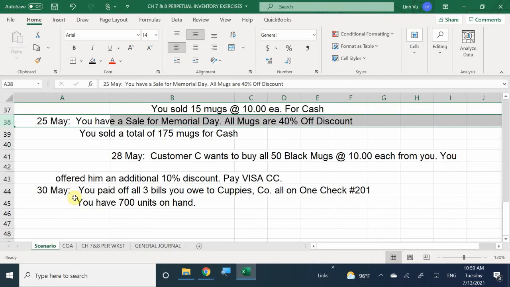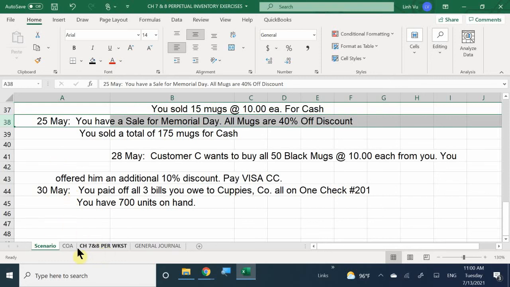With a Visa credit card. Okay, credit card. So that's $500 he wants to pay you on his Visa card. $500. Don't forget the tax.